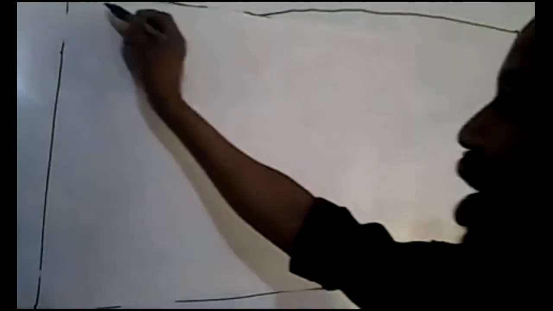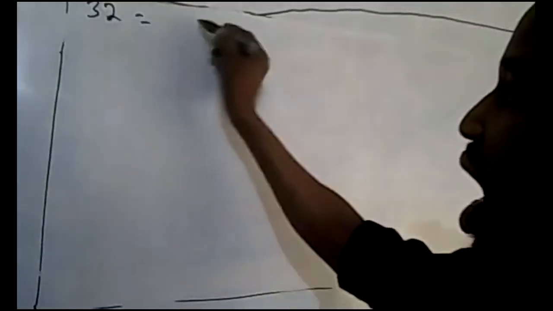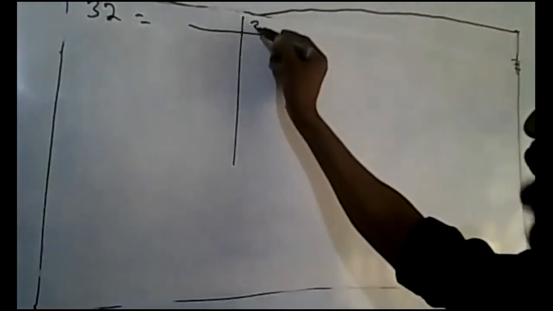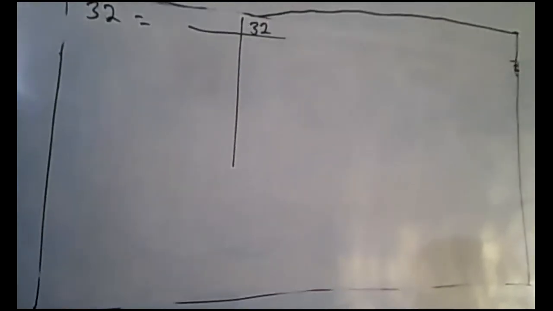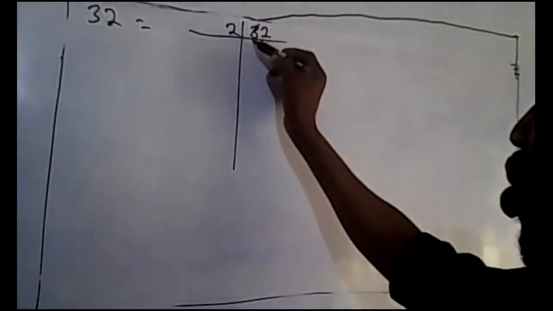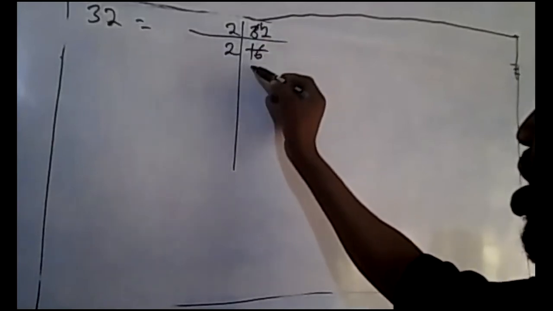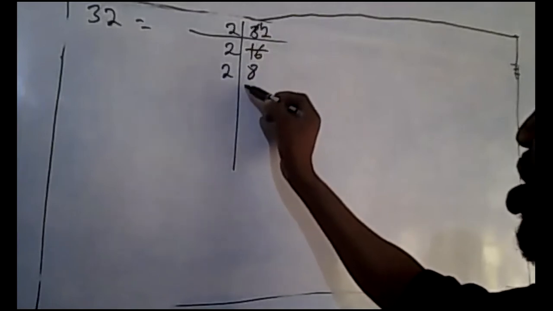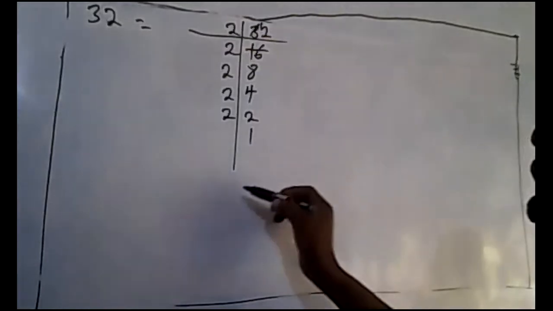Now, back to what I was saying. We use 32 as an example. How do you express 32 as a product of prime factors? Continue dividing by 2. 2 in 32, 16; 2 in 16, 8; 2 in 8, 4; 2 in 4, 2; 2 in 2, 1.